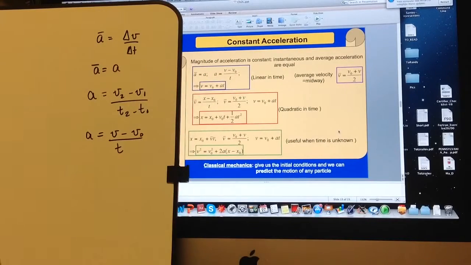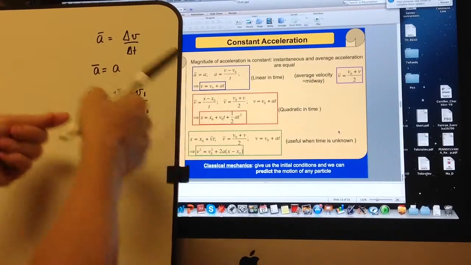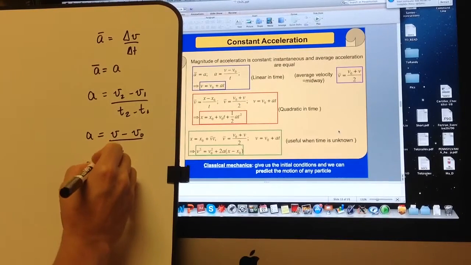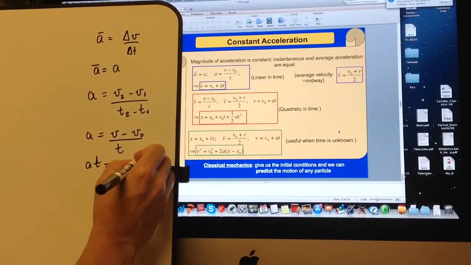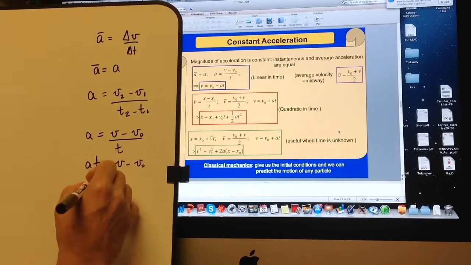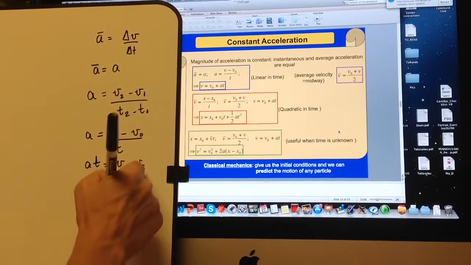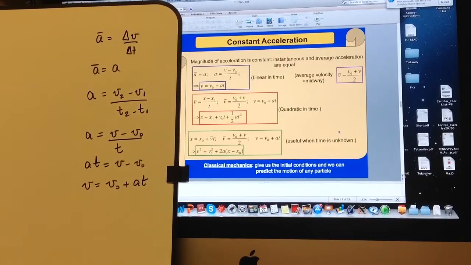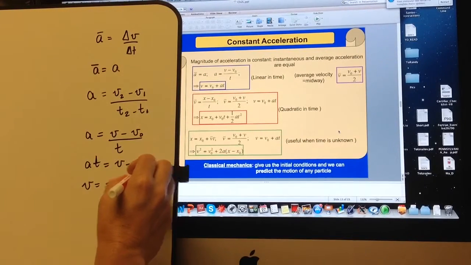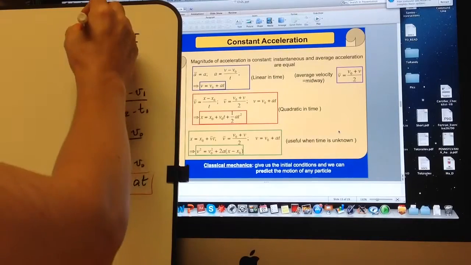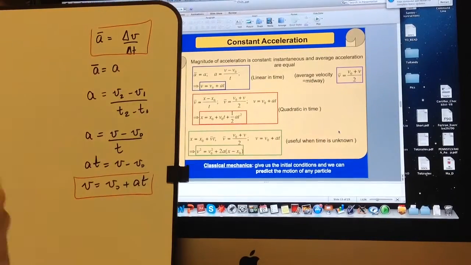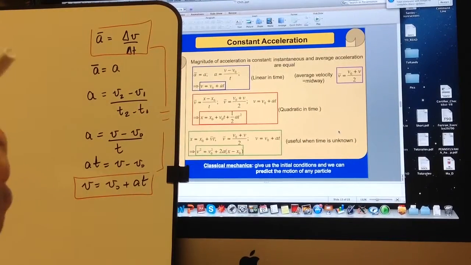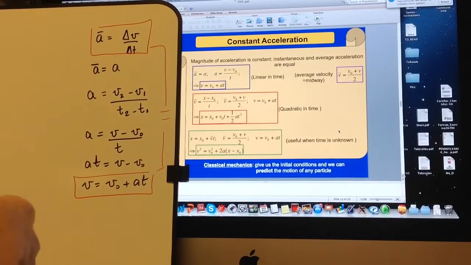Now, rearranging this, we will find that at is equal to v minus v naught, which we can then write as v is equal to v naught, I put on this side, plus at. So you see that this equation for velocity and this equation for acceleration are the same equation, just written in a slightly different way. Alright?